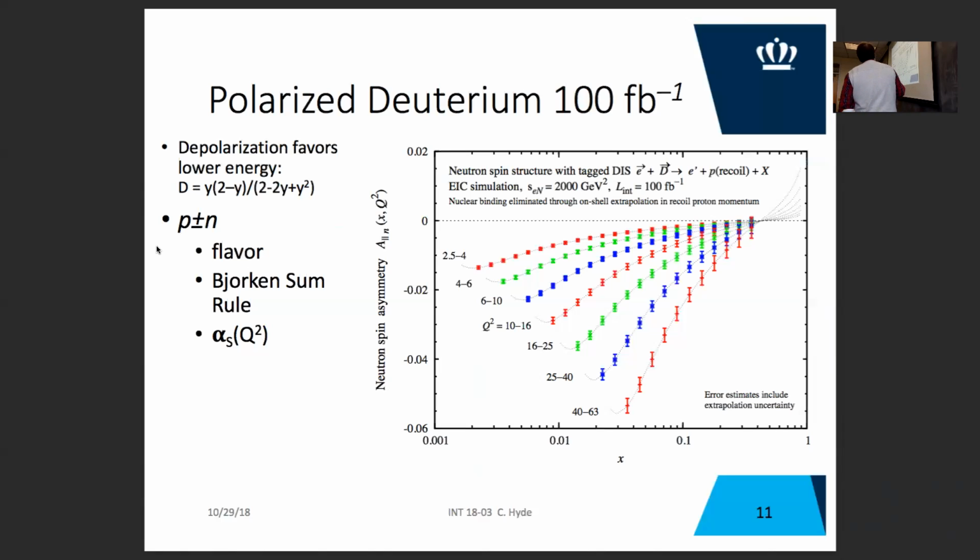And so, of course, having high quality extrapolations to the on-shell neutron allows us to do flavor analysis, allows us to improve the precision of the Bjorken sum rule, makes contributions to delta G, and the effective coupling constant, alpha S, can be measured both in the low and the high Q² range in this way.